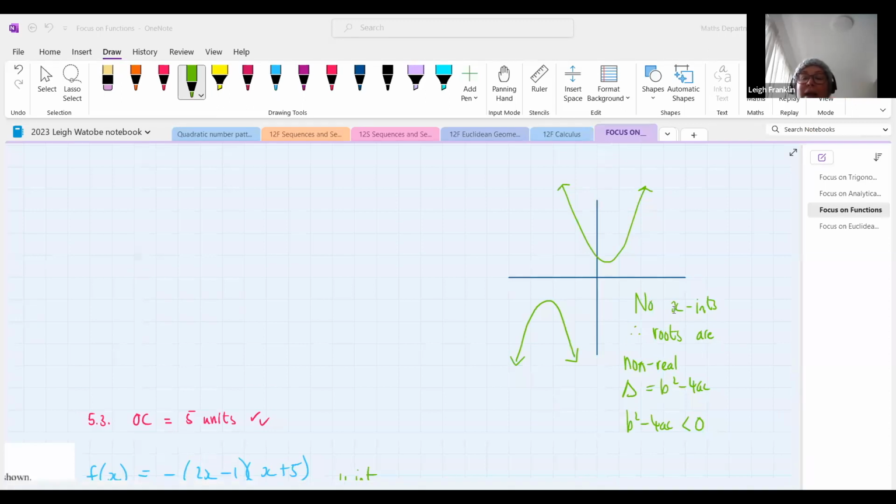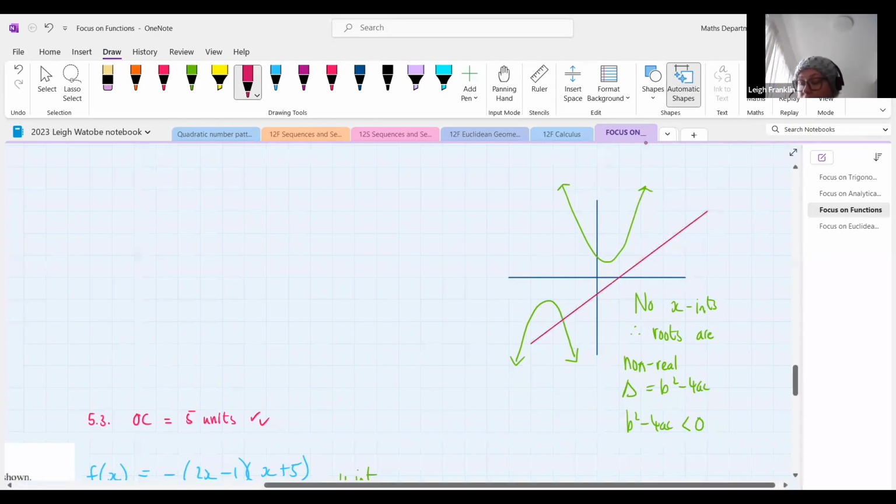Now, we can have the same situation with a parabola and a straight line. So if I draw a line, and it doesn't matter whether it's horizontal or diagonal, let's say I draw that line on the screen now.